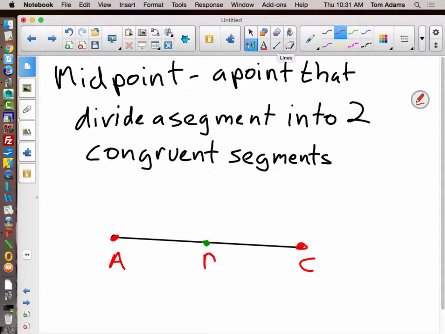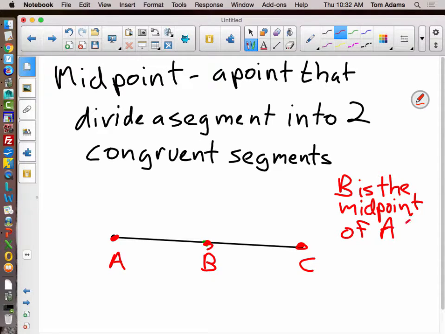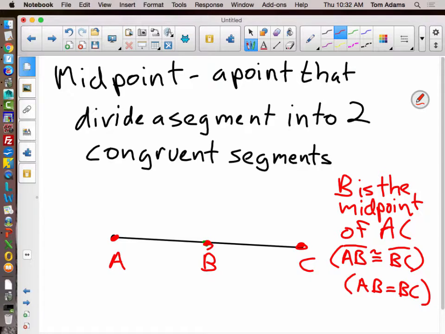This is A and C, and this is B. We would say that B is the midpoint of AC, and then remember the reason for that is because AB is congruent to BC. All right, that's how we define that B is the midpoint. Does that make sense? I guess we could even say that the measure from A to B is equal to the measure from B to C. All right?